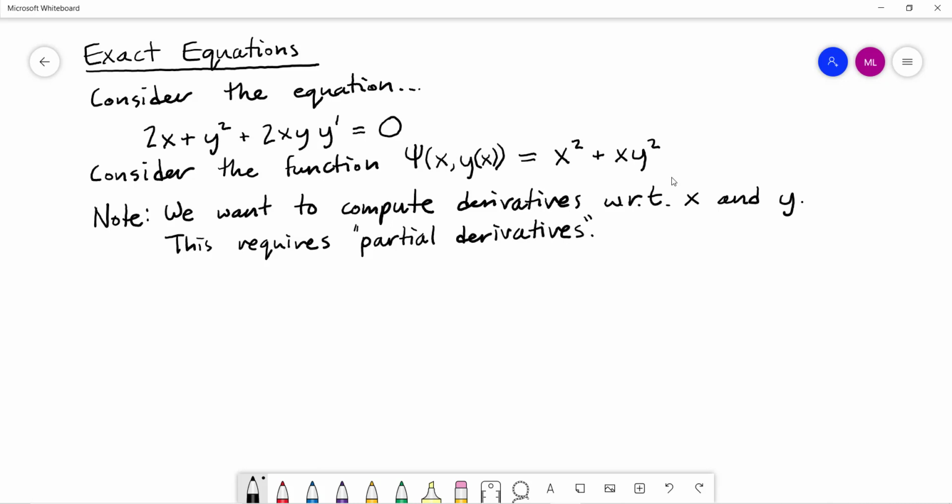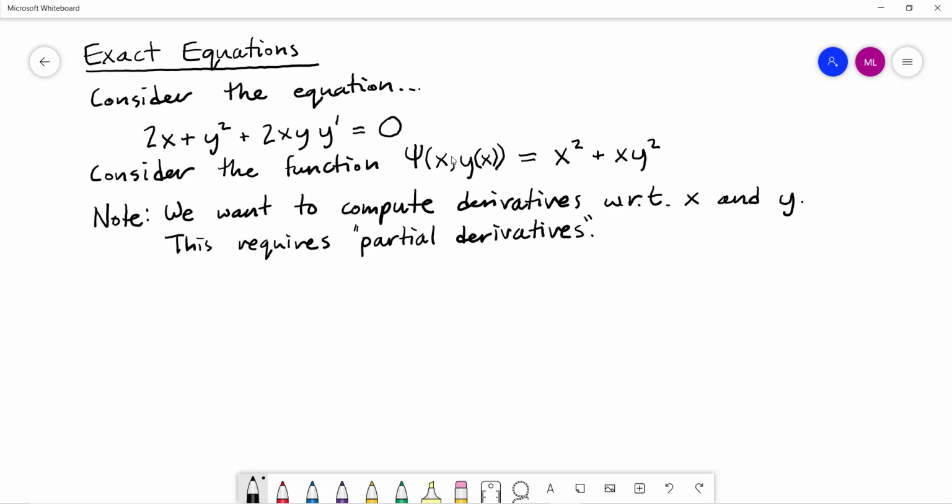The idea of a partial derivative is that if you have a function of both x and y, you can take a derivative of that function with respect to x, but you aren't really taking the whole derivative because there's this other dependence on y. Similarly, you can take the derivative with respect to y, but again, that's not the whole derivative because the function depends on both x and y. A partial derivative is a derivative with respect to just one of those variables.